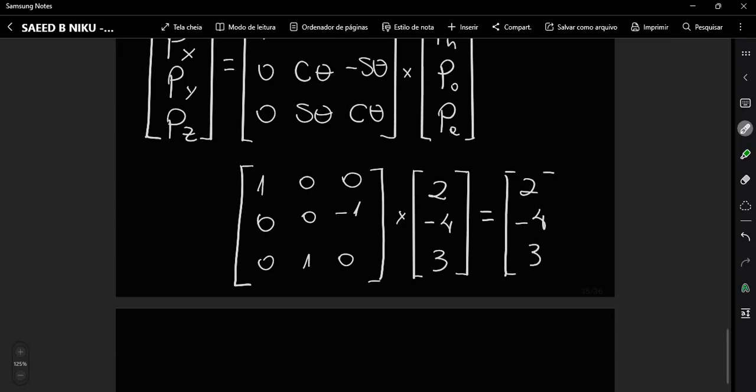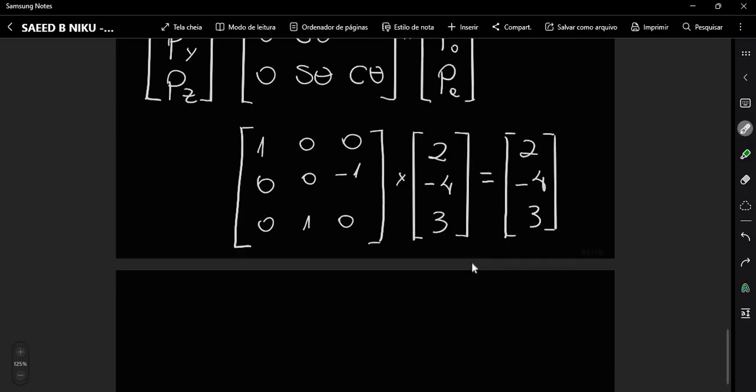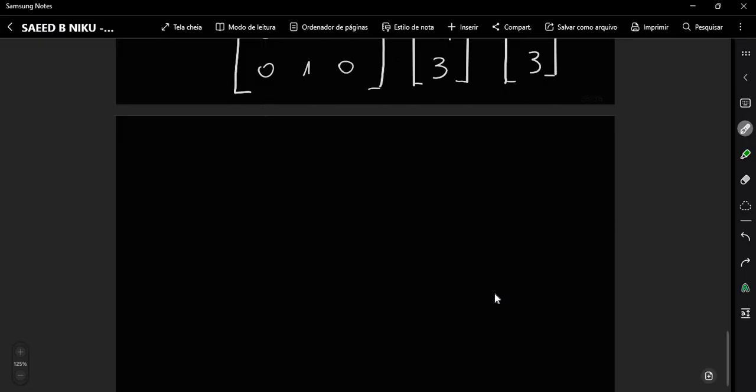okay, so now we just need to substitute these coordinates on the XYZ ref system, and that's it.